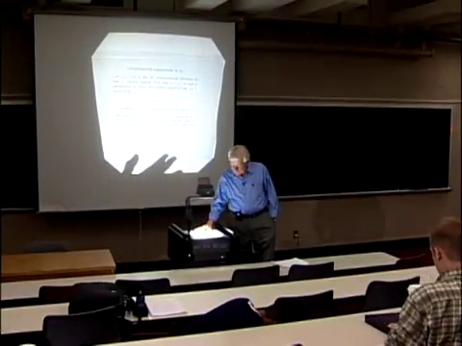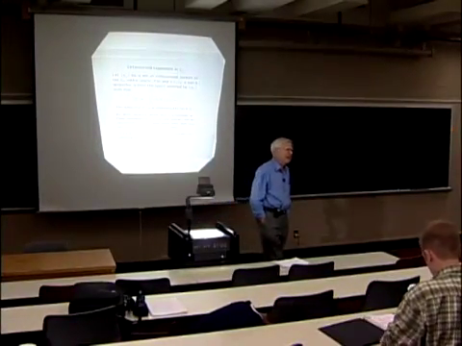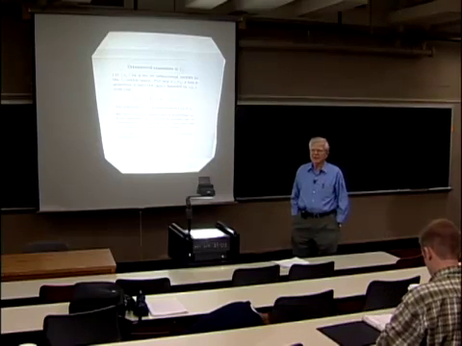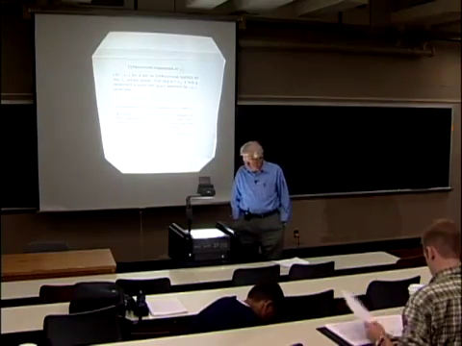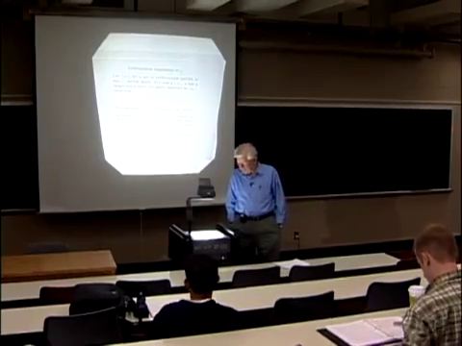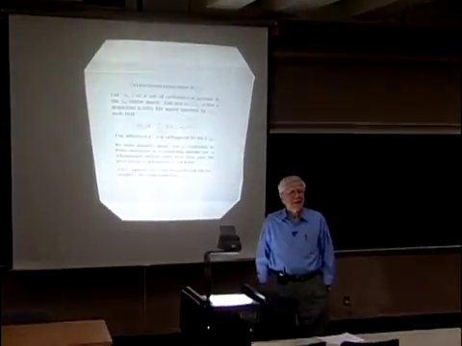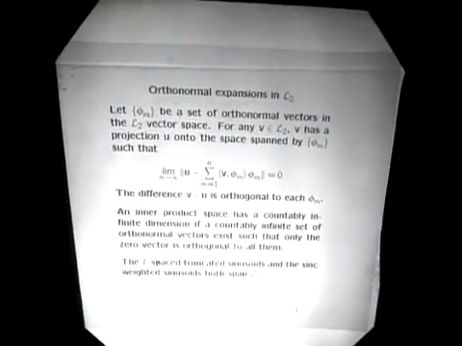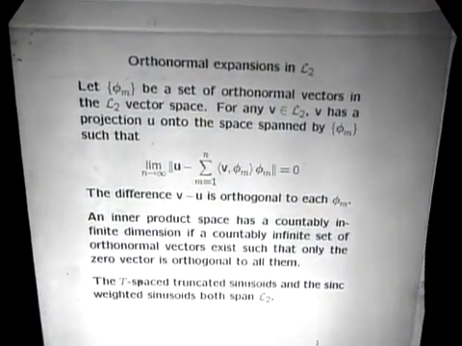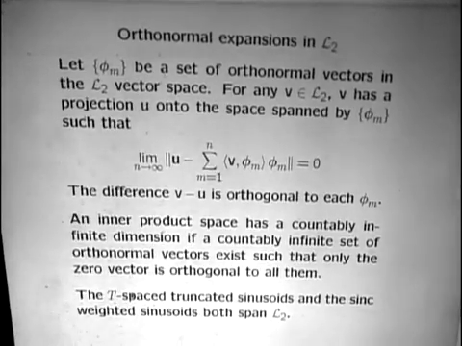Okay, I want to spend a little bit of time today finishing up what we were saying last time about orthonormal expansions, essentially to get a better understanding of what it means to go from finite dimension to infinite dimension.